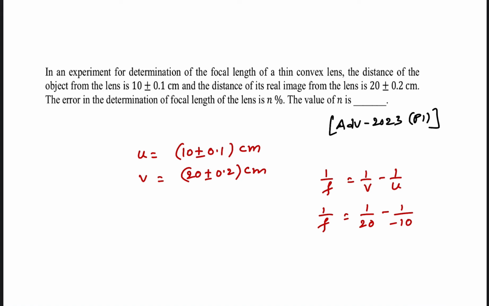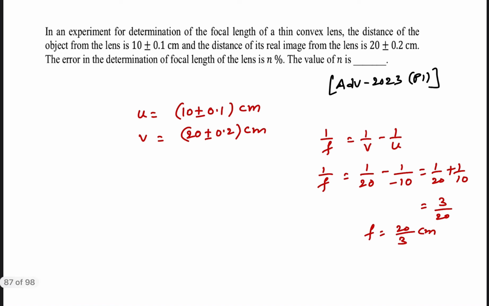What is the percentage error in focal length? Actually 1 by f is equal to 1 by v minus 1 by u. We can write 1 by f is equal to 1 by 20 minus 1 by minus 10, that is 1 by 20 plus 1 by 10. You get 3 by 20. So f is equal to 20 by 3 centimeters.